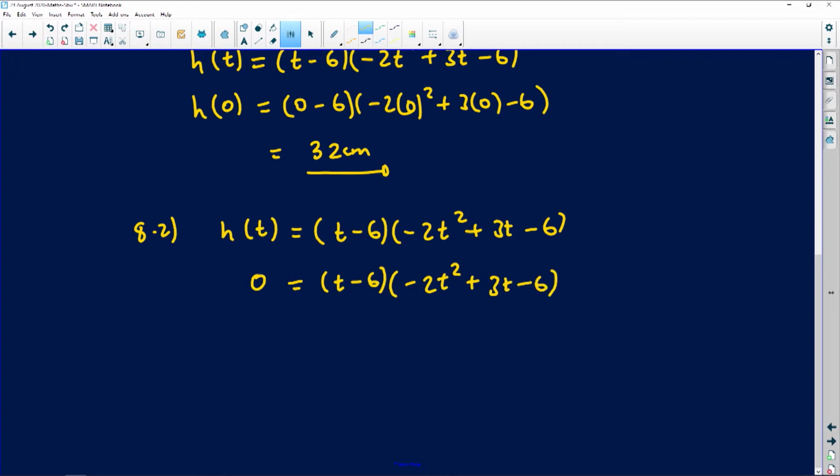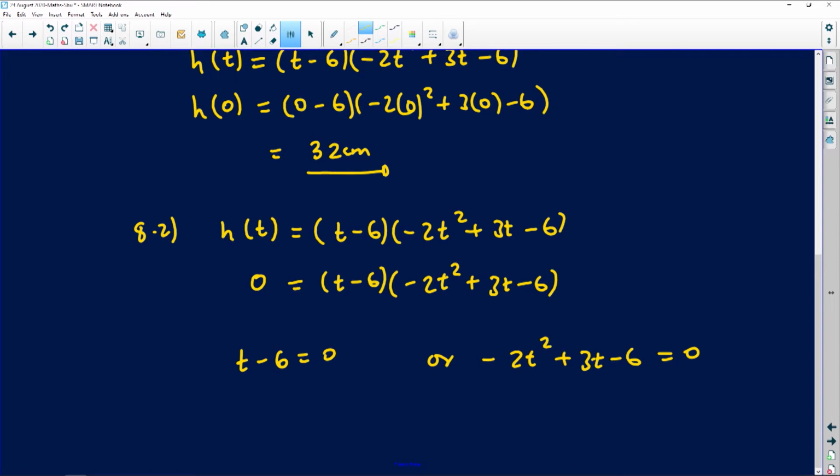Very beautiful indeed. We've got two factors being multiplied. If two factors are multiplied and the answer happens to be 0, the zero factor law says either the first factor is 0 or the second factor, negative 2t squared plus 3t minus 6, is equal to 0.